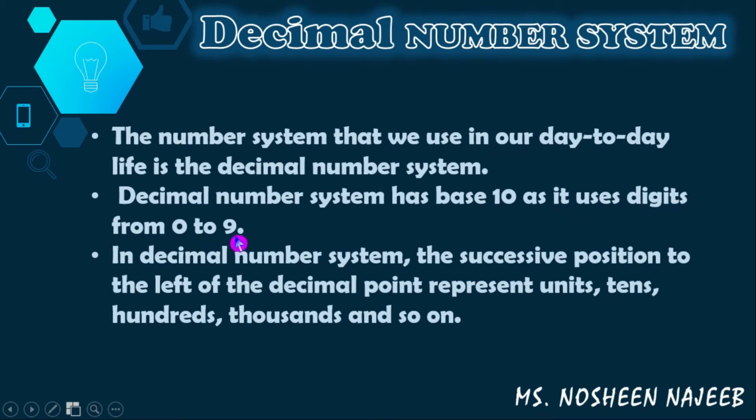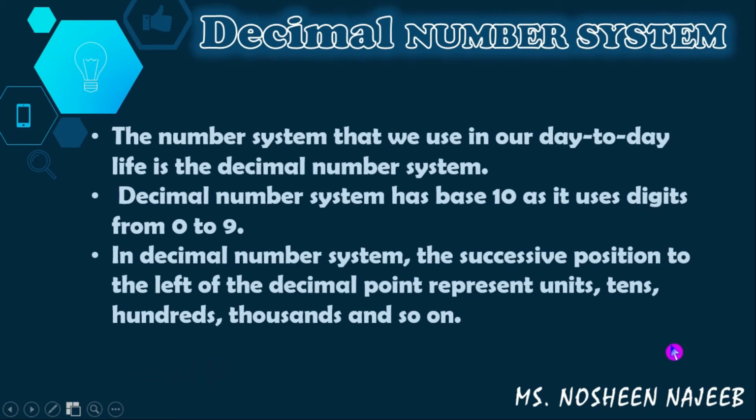In the decimal number system, the successive positions to the left of the decimal point represent unit, tens, hundreds, thousand, and so on.